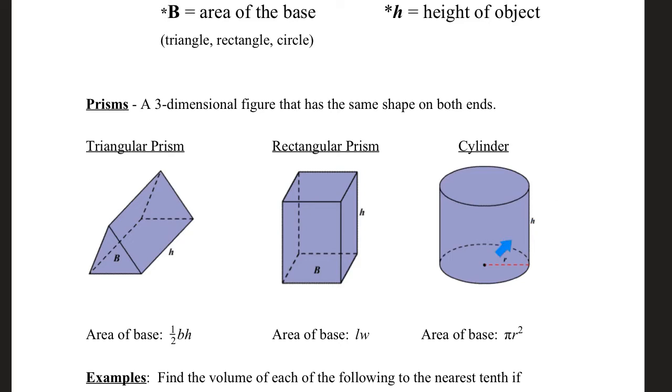And you kept on doing that, the same circle right on top, until you get all the way up to this top circle. Well, that would just be repetitive addition, which is multiplication. So, however many circles you have stacked on top of each other, that would give you this height right here. So that's why we say we take the base, which is the area of whatever shape you're dealing with. In this case, it's a circle, and you just multiply it by the height. And that's where we get the formula, base times height, from.